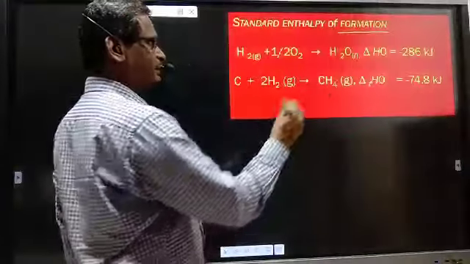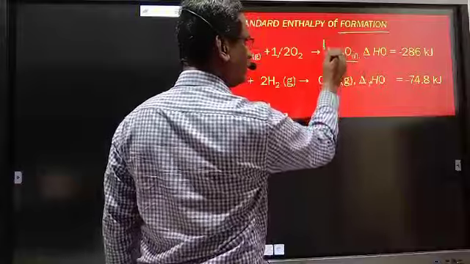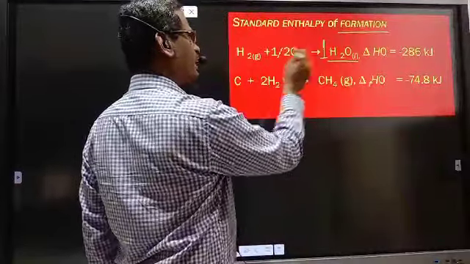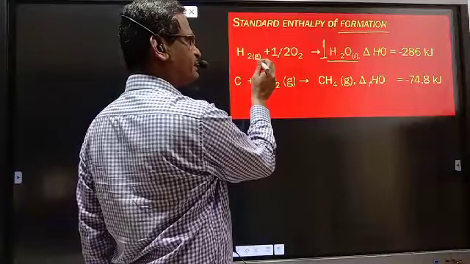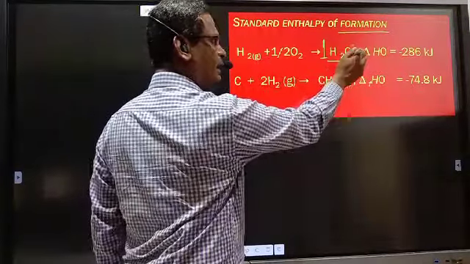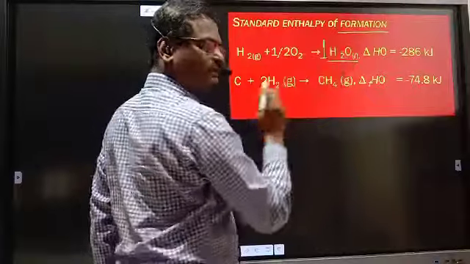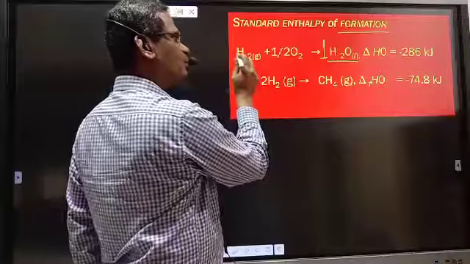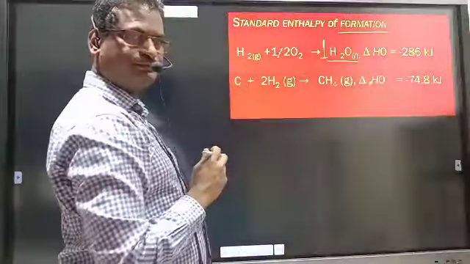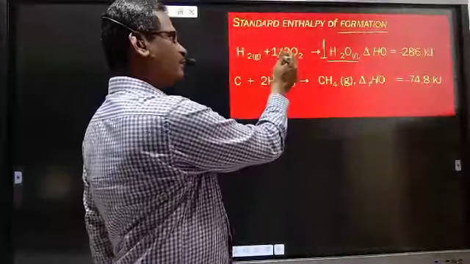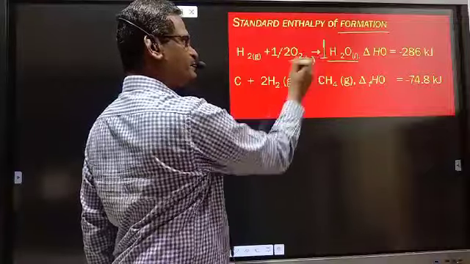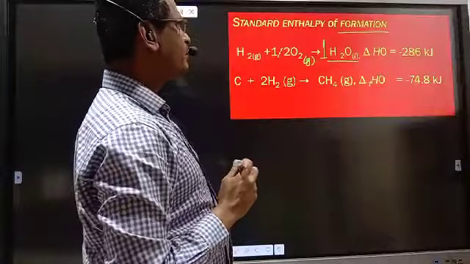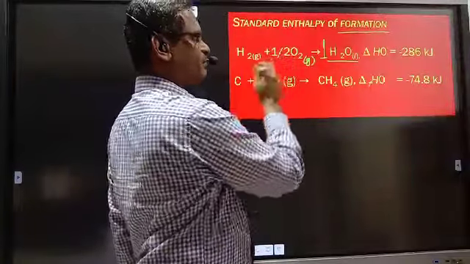See here, H2O, 1 molecule is formed. From which elements? Hydrogen, H2, is present in gaseous state. Here oxygen atom, but oxygen is present in the molecular state, so written as half O2. 1 mole of hydrogen reacts with half mole of oxygen in the gaseous state, giving 1 mole of H2O liquid, which is known as enthalpy of formation.